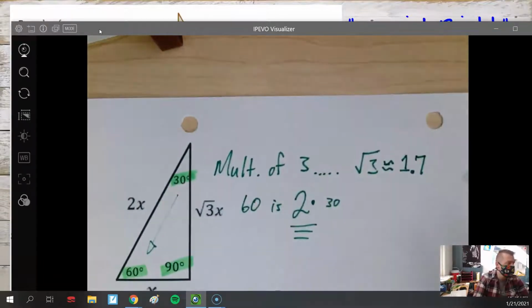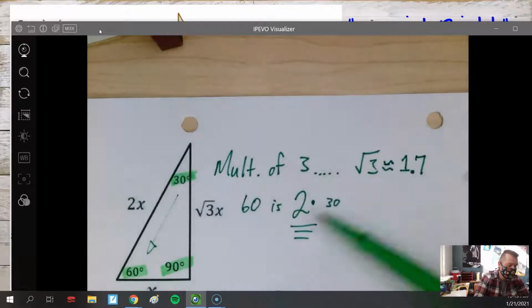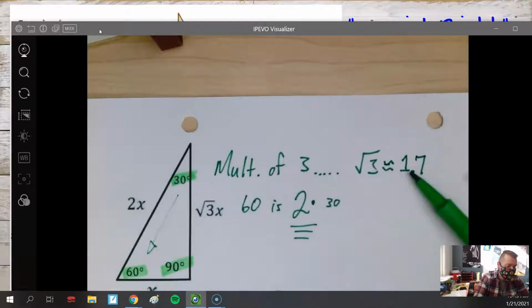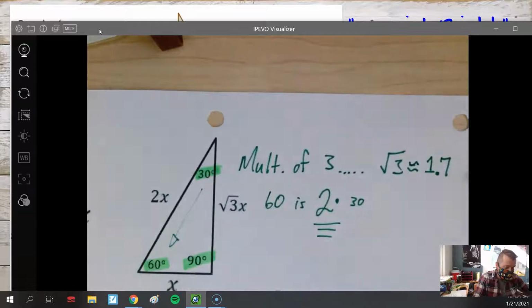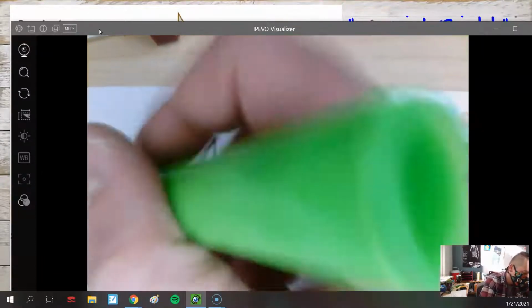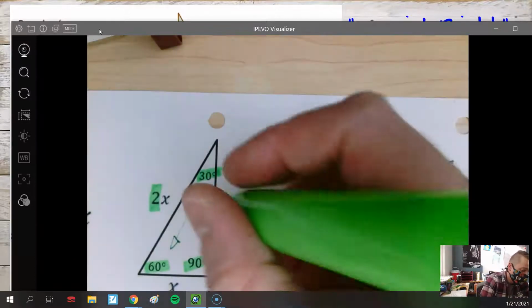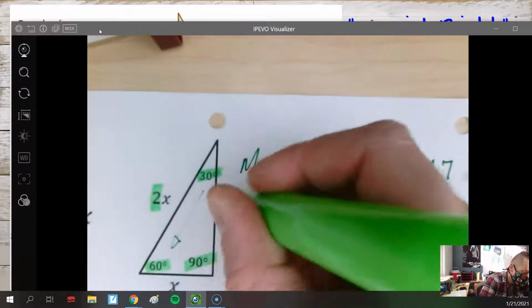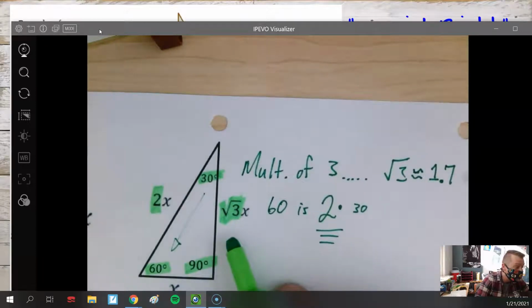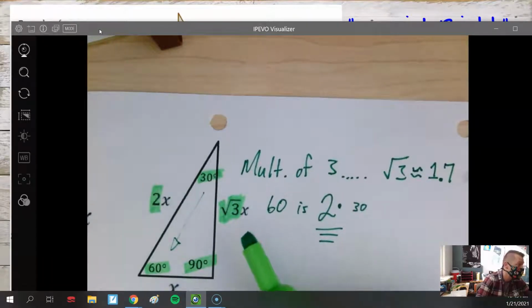Which is bigger, 2 or 1.7? The 2. So your hypotenuse gets the 2 times the short leg, and your long leg gets the radical 3, because radical 3 is smaller than 2.